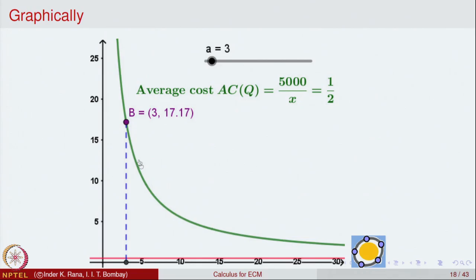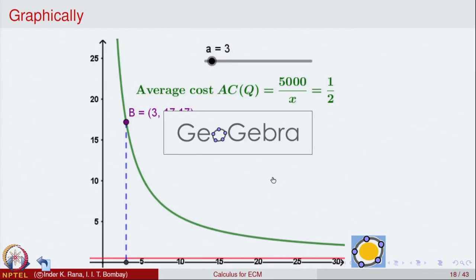This is the graph of the average cost function, and this red line is the line y equal to 1 by 2. As x becomes larger and larger, the value of the function will approach 1 by 2. We can show it in dynamic geometry software to see how this is happening.